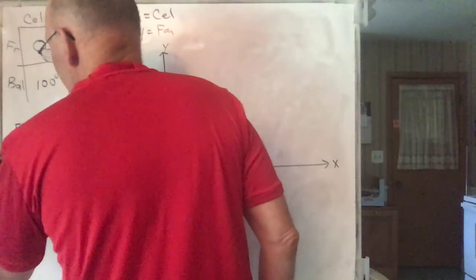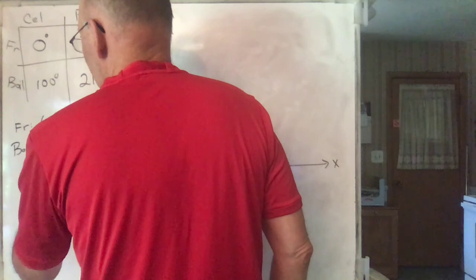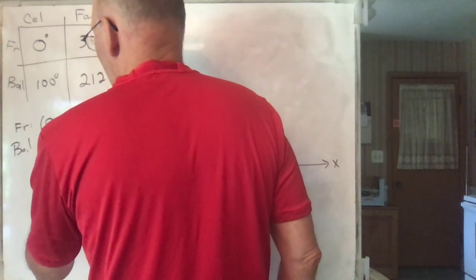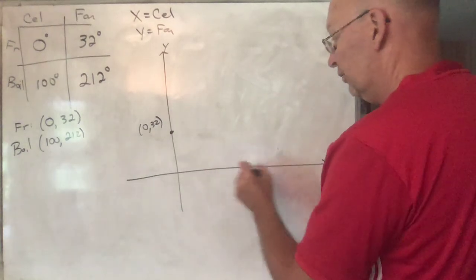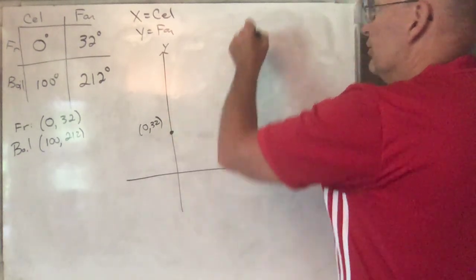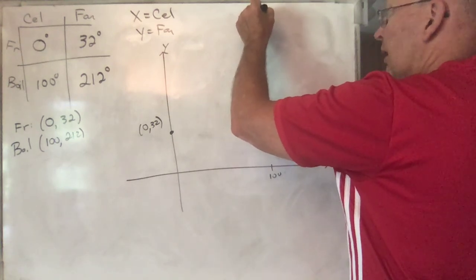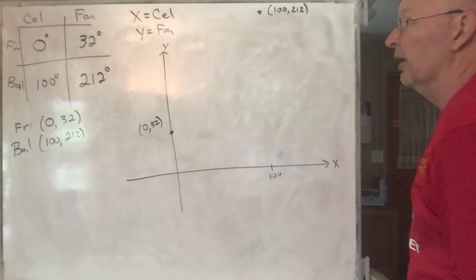Similarly, at boiling, Celsius is 100 and Fahrenheit is 212. So another point that captures the relationship is when you are at 100 here, and I'll just say it's way up here. Right there, 212.